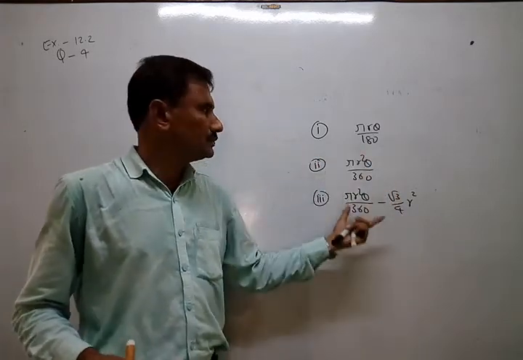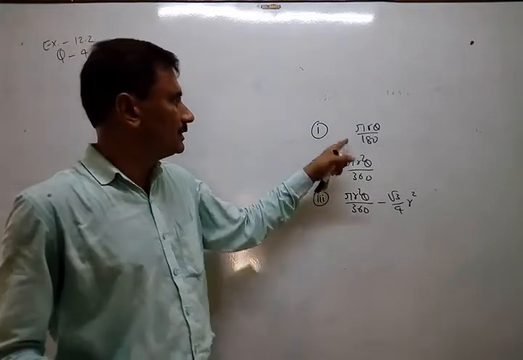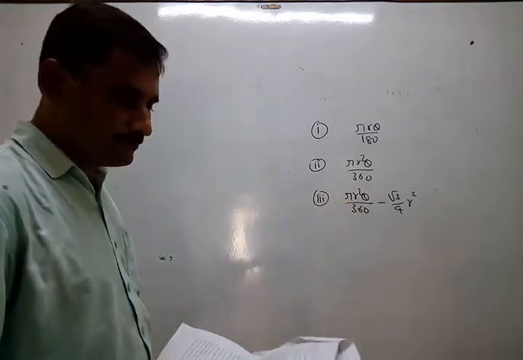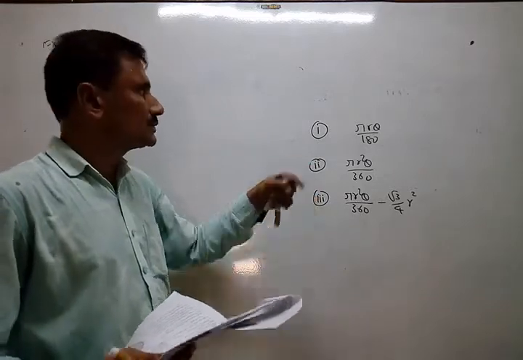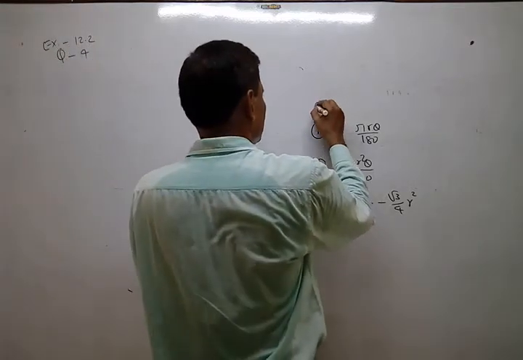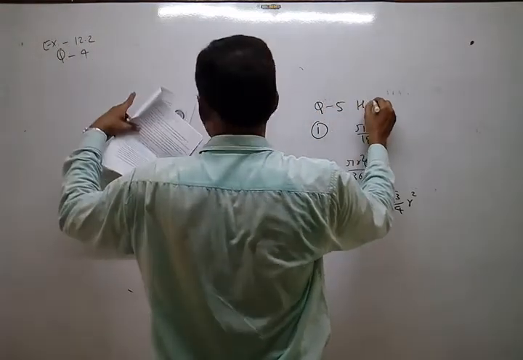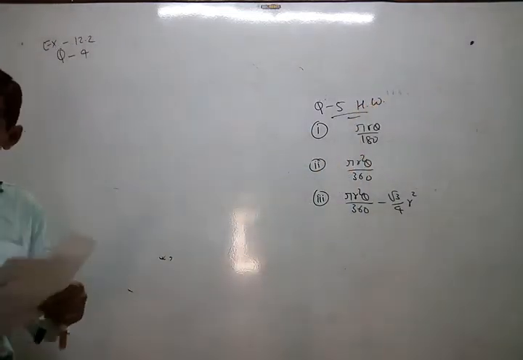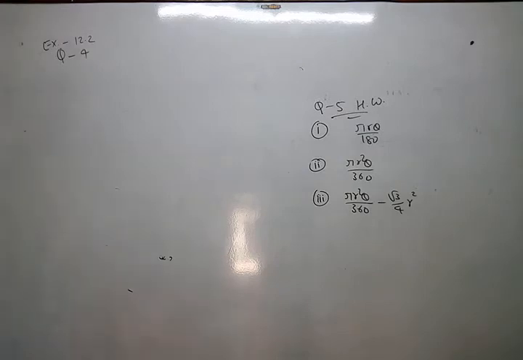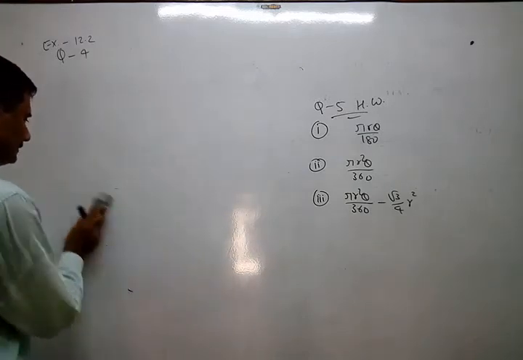So these are the formulas which can be used in 5 first, 5 second, 5 third. This is homework, question number 5, exercise 12 point, there are 3 sub questions given in homework.